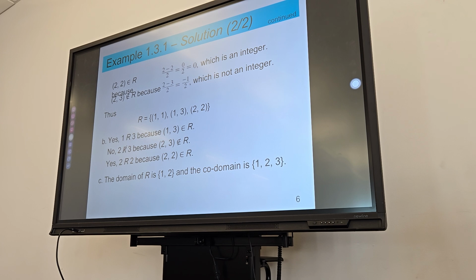Therefore, R is the set containing the ordered pairs 1, 1, 1, 3, and 2, 2.